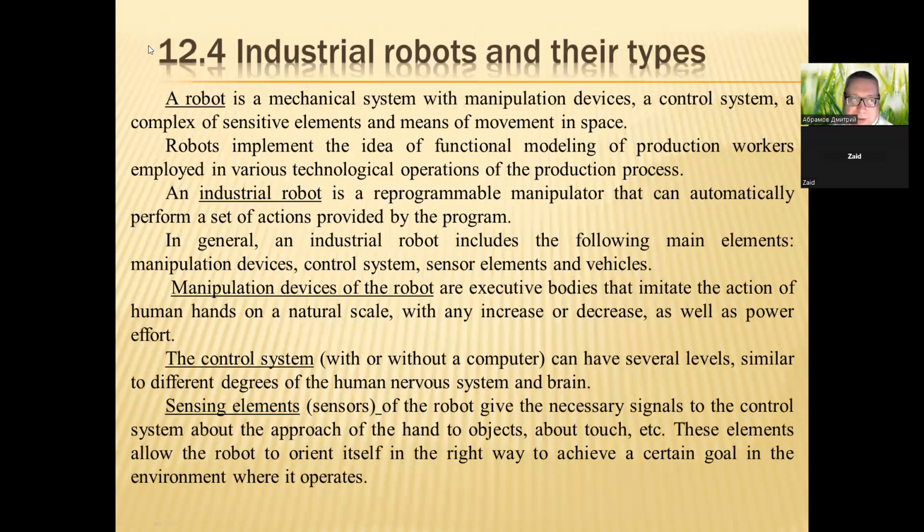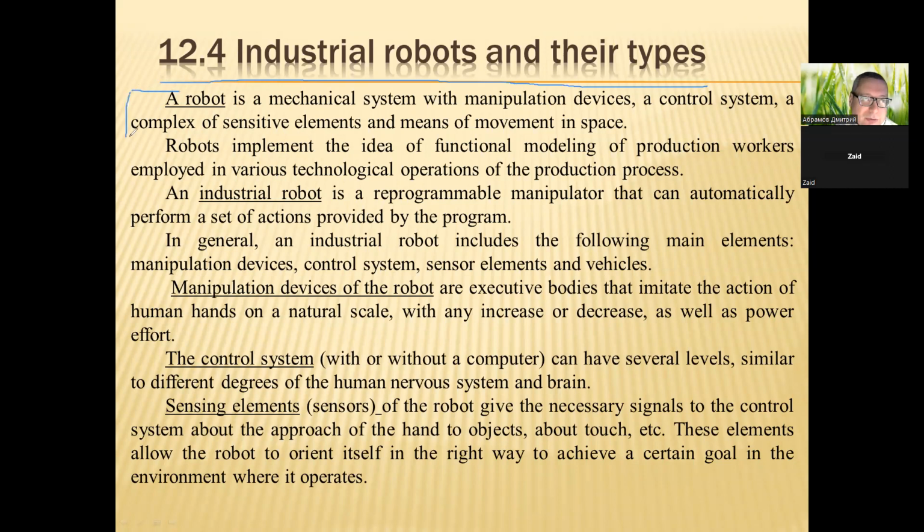And now we start 12.4, industrial robots and their types. Write down to your notes 12.4 Industrial robots and their types. A robot is a mechanical system with manipulation devices, a control system, a complex of sensitive elements, and means of movement in space.